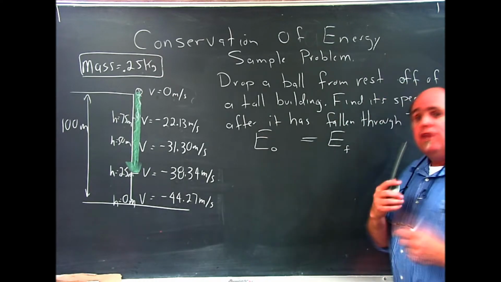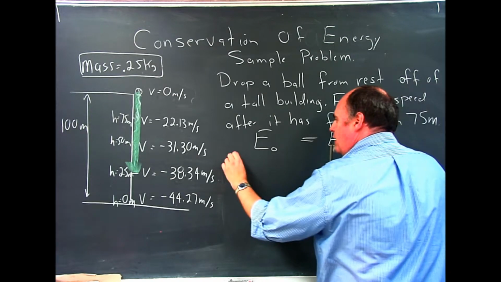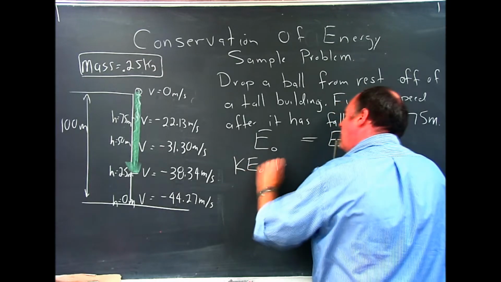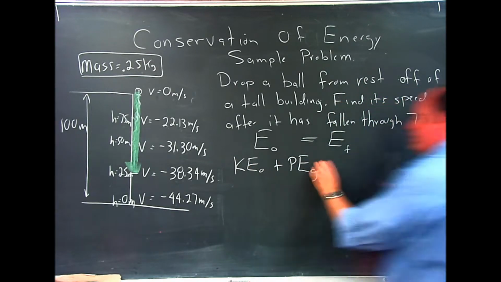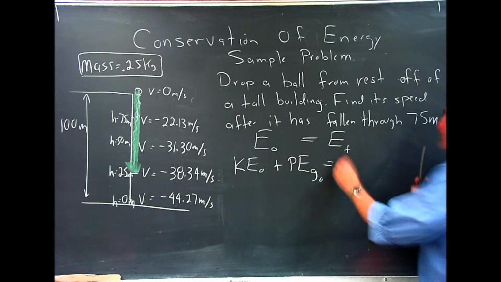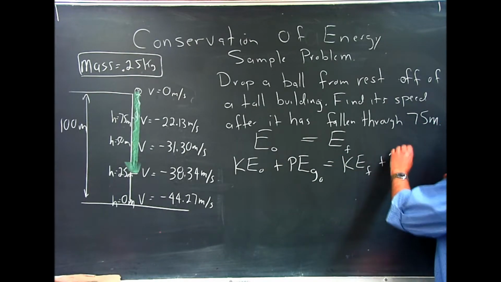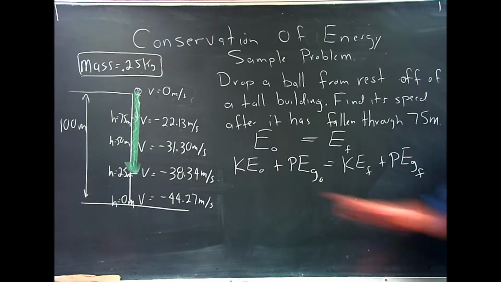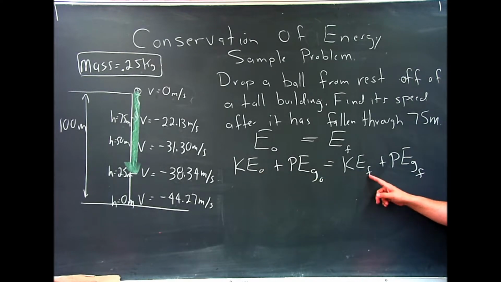Well, in this case, anyways, we have mechanical energy. We have kinetic energy. So the kinetic energy at the beginning plus the gravitational potential energy at the beginning could equal the kinetic energy at the end plus the gravitational potential energy at the end. I put subscripts here, O for the beginning and F for the final.